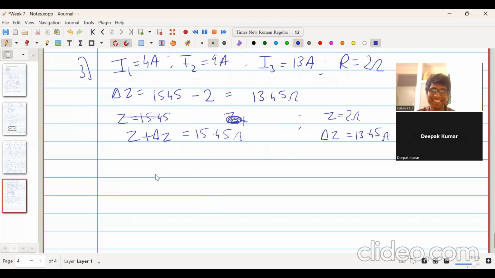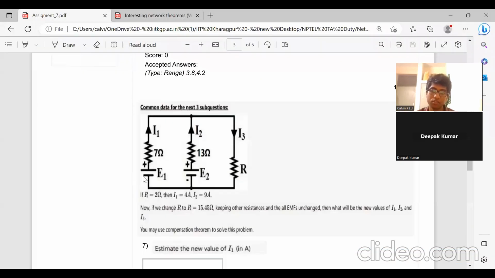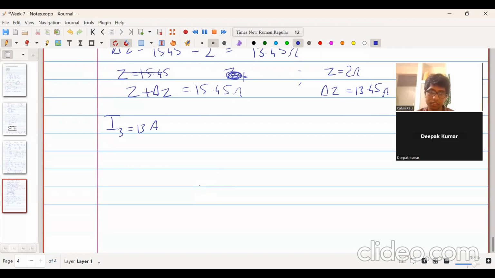Initially the current I3 was 13 ampere. According to the compensation theorem, these voltage sources are replaced by short circuit. These resistors remain the same, and the new network comes out like this.